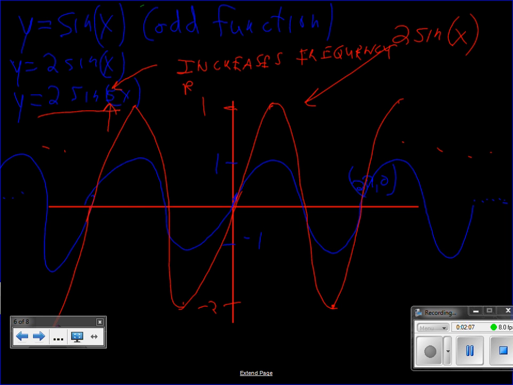Or it reduces the period. The period of a sine function here, which we might call T, was 2 pi. Now it's going to be 2 pi over 5.